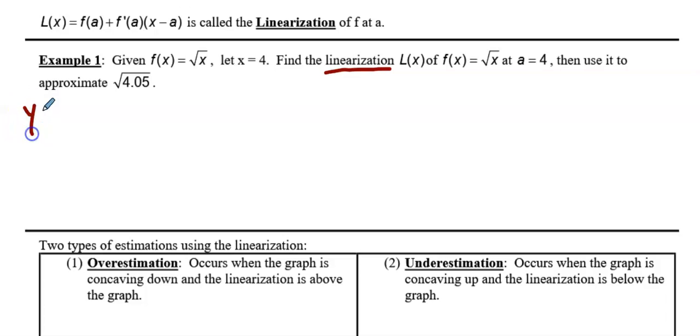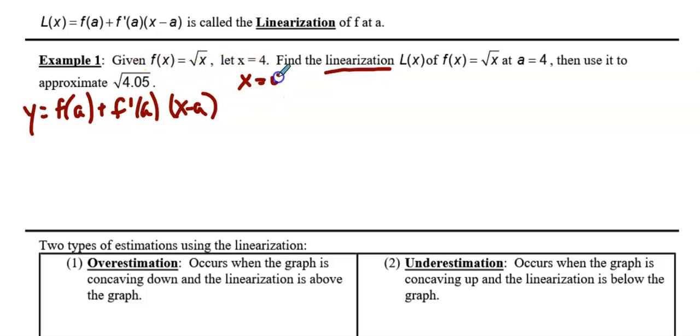So we're going to go ahead and write our equation out. One thing that is a little bit weird about these problems, I always tell students, is that what we're trying to approximate is going to be your x. I know the question says x equals 4, but based on this equation, just know that whatever we're trying to approximate is the x. So x is going to be equal to 4.05.